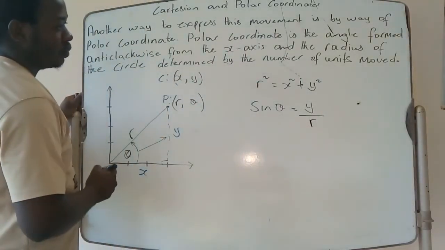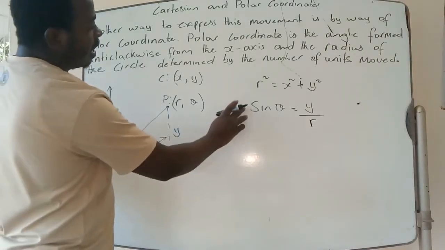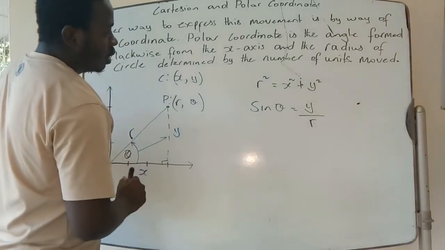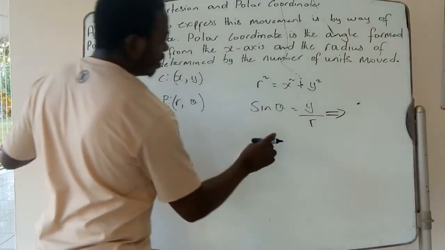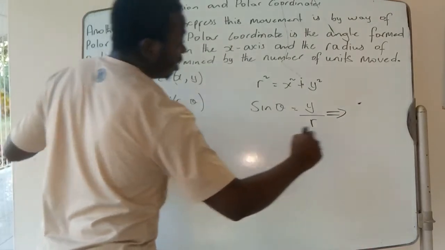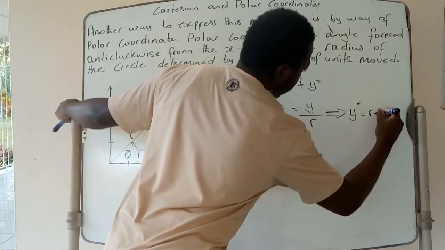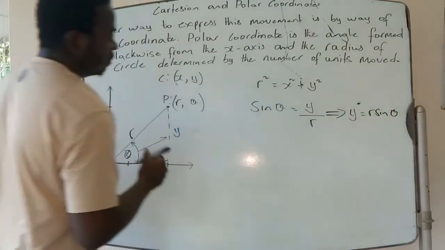Right? So that's another relationship that we could discover. So sine of theta is equal to y over r. But what does this imply? This also implies that if I multiply both sides by r, then y is equal to r sine theta, which is the angle.